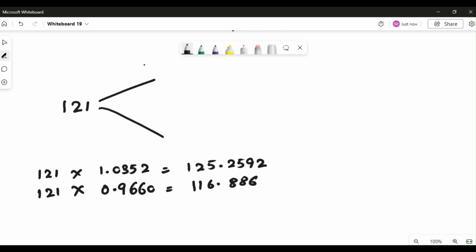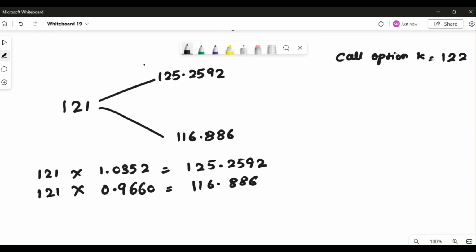So I'll just write it as 125.2592, and this one is 116.886. Now it is a call option having K as 122. So here we will just compare the S, that is the spot rate, with K. Our spot rate is greater than K, and therefore he is going to exercise. Here the spot rate is lesser than your K, and he is going to let it lapse.